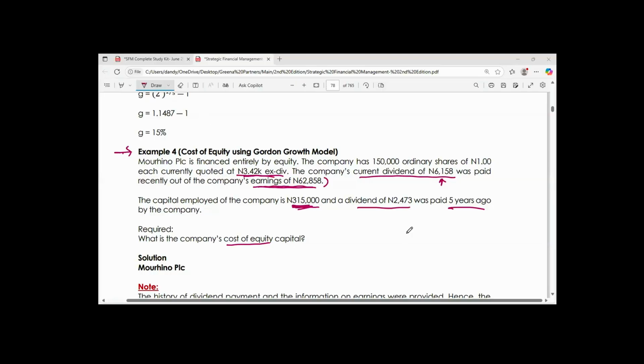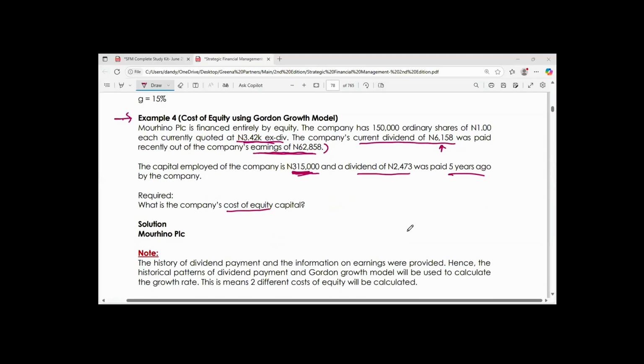Thank you. Because you can decide either you want to use absolute value or par value. Whether you use absolute or par value, you are going to get the same answer. But what is important is that you must give apple for apple. If your market price per share is 3.42 naira, that's par value.